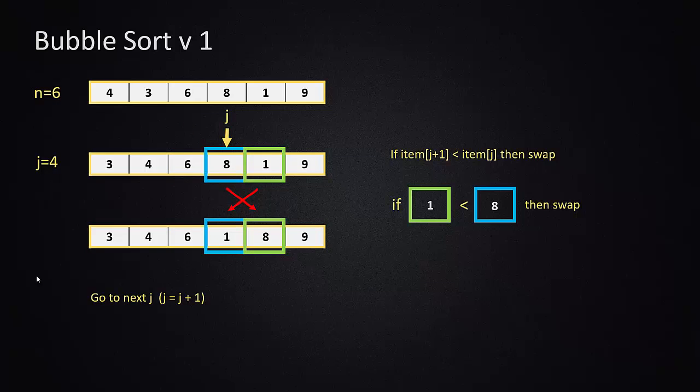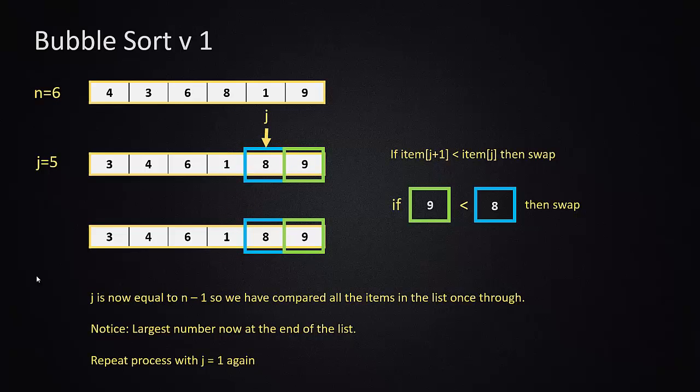Is 1 less than 8? Yes, swap them. You'll see that the 1 and the 8 have swapped places. Now is 9 less than 8? The answer is no. And I've now arrived at j equal to n minus 1. n is 6, so j is now equal to 6 minus 1, or 5.